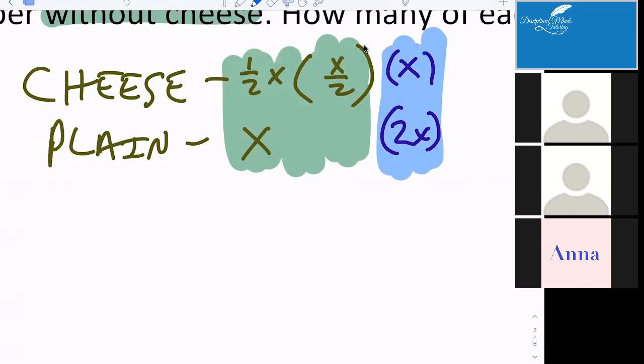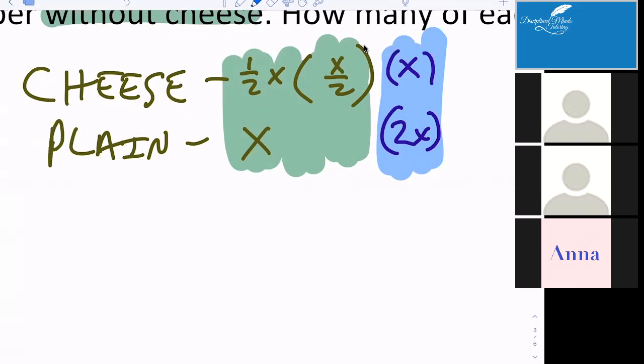If plain is X and cheese is 1/2 X, is that still the same with X and 2X over here? Yes. The cheeseburgers are still half the number of what? Hamburgers. Come on now, I'm trying to make you smarter, and that's about being smarter right there. That was a great observation. I appreciate that. All right, much easier to do it that way.